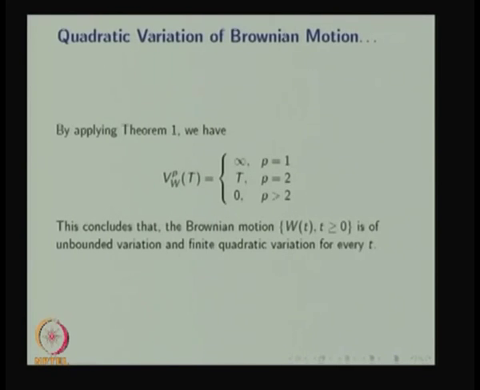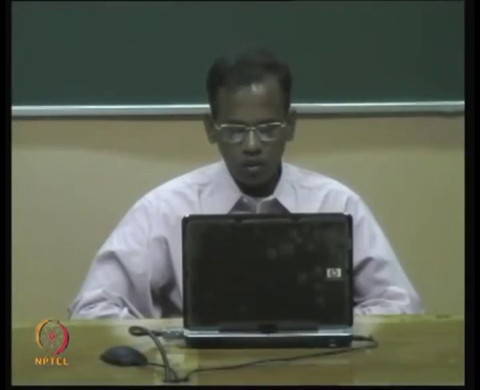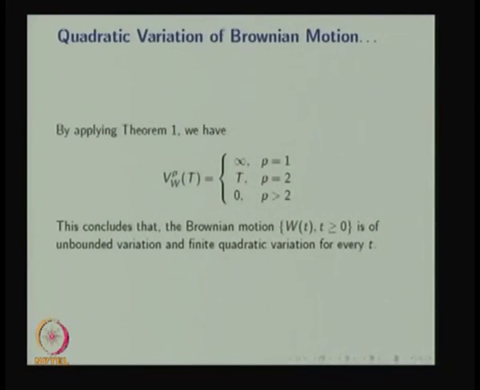Now we are applying the same theorem which we discussed for the variations of real valued functions. We have the pth order variation of Brownian motion between the interval 0 to capital T. That value does not exist for the first order variation, therefore for p equal to 1, it is infinity.